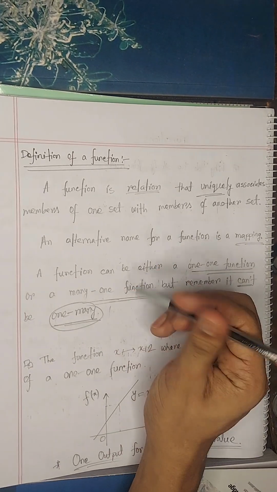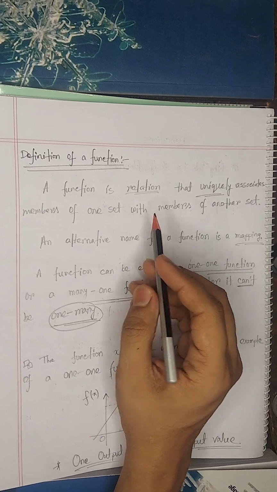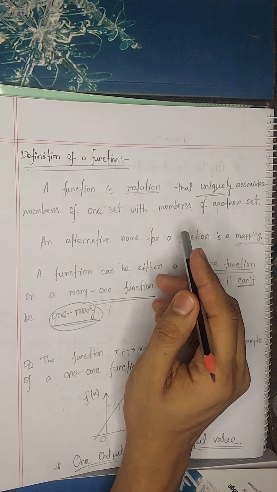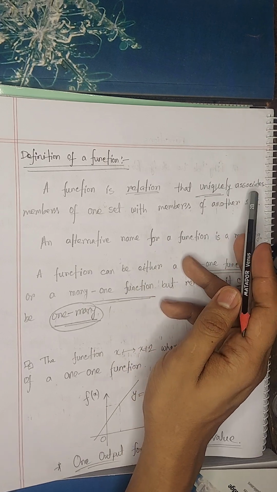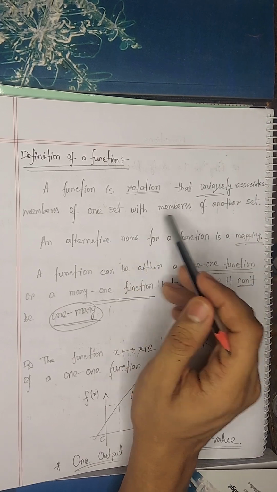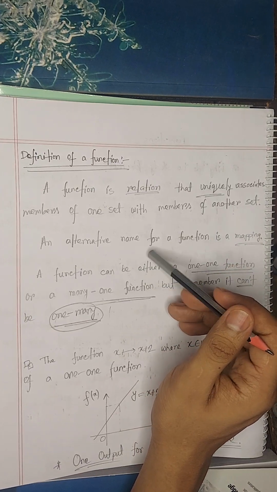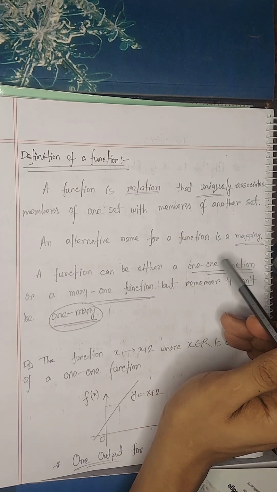Definition of a function, the mathematical definition. A function is a relation that uniquely associates members of one set with members of another set. An alternative name for a function is a mapping.